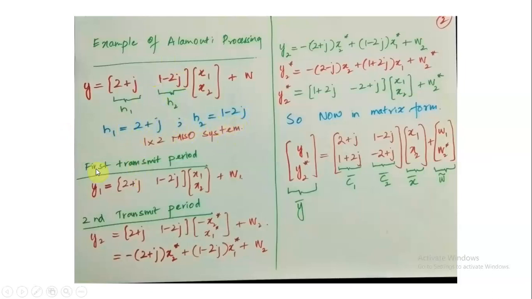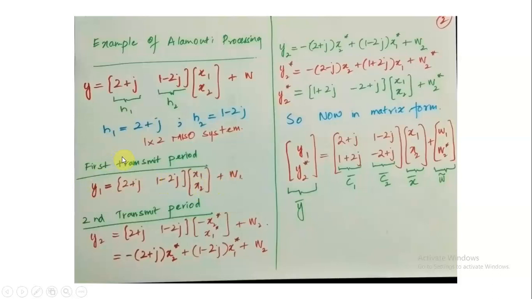Now for this system, if we apply Alamouti code, at the first transmit instant we will transmit x1 and x2 through two different antennas. So we will receive y1 is equal to (2 plus j) x1 plus (1 minus 2j) x2 plus w1.